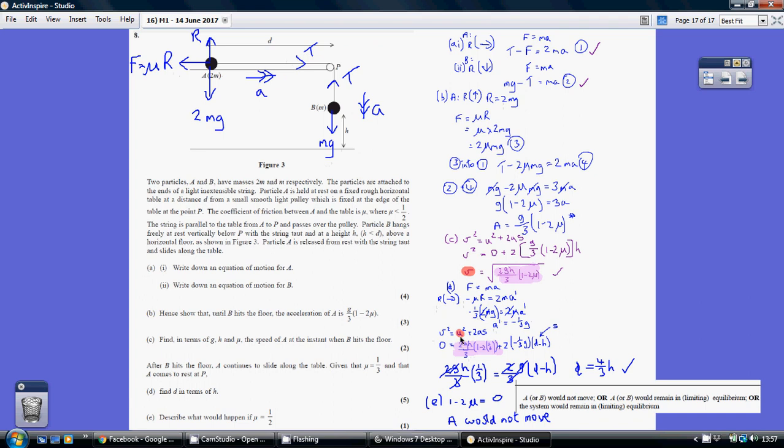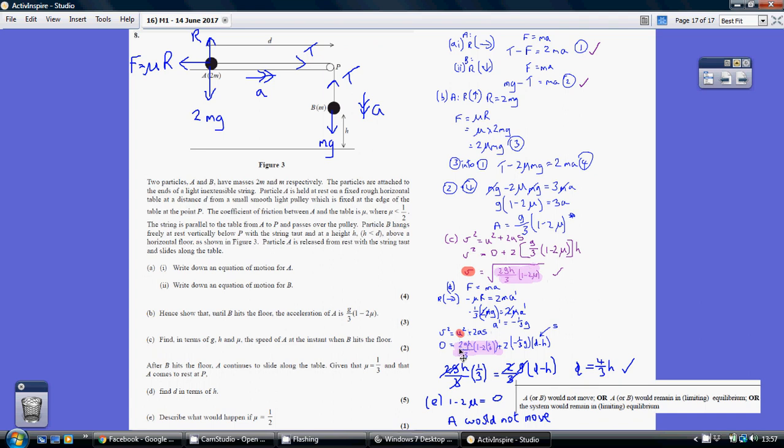So now using v squared equals u squared plus 2as, okay, I've got an initial speed. My initial speed is going to be the final speed before B hit the floor. So that's my answer from part C. So my u squared is going to be this v all squared. That just basically undoes the square root.